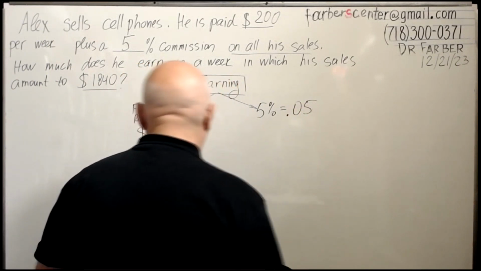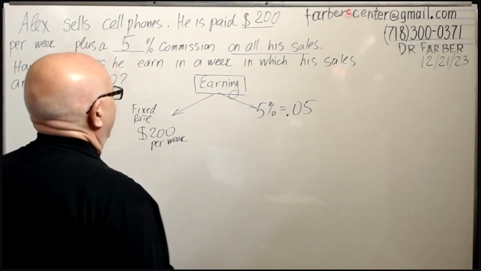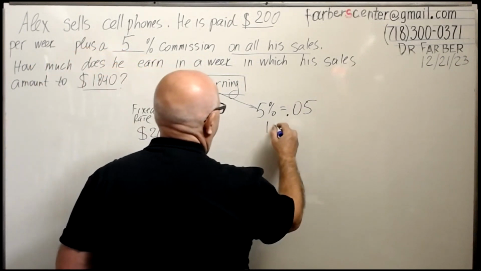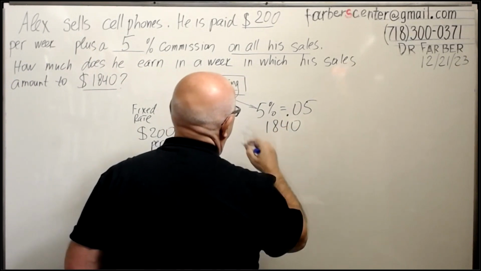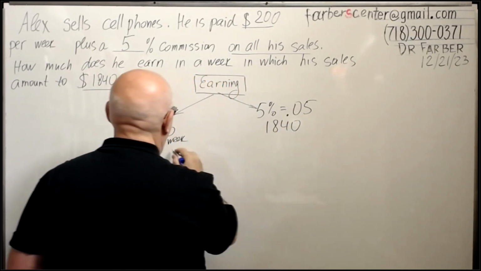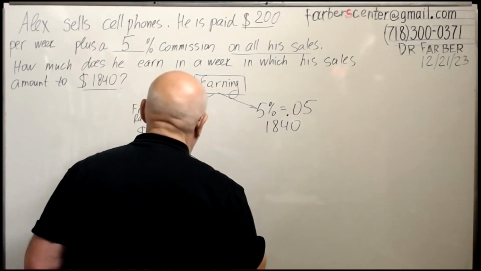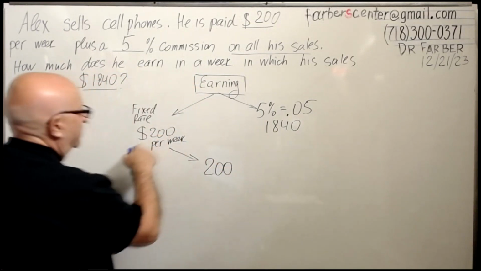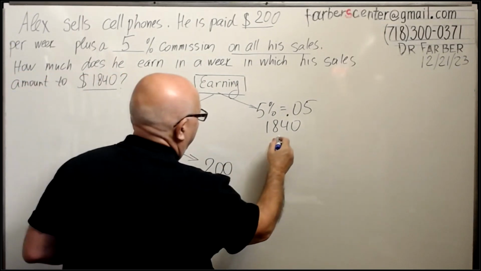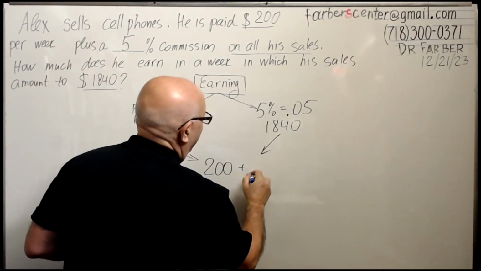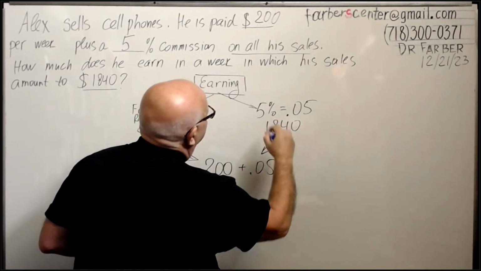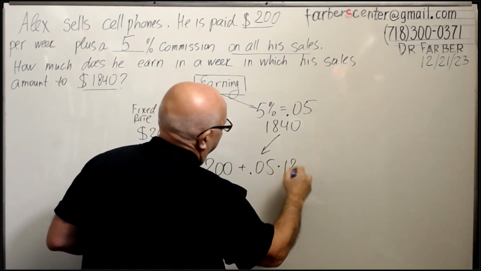You convert it to decimals. And what is his sales? $1,840. That's why, when you complete this graph, you get $200 fixed rate plus 0.05 of all his sales.